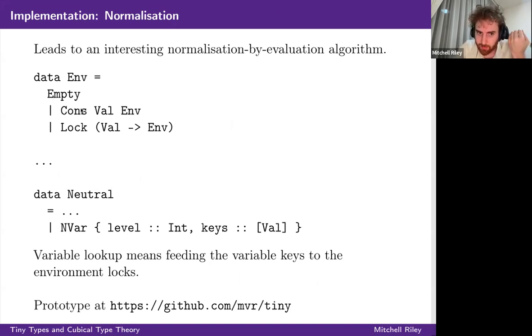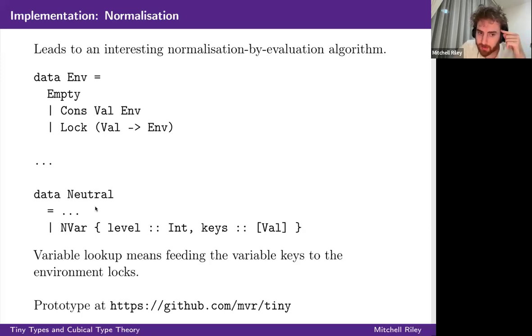But now our contexts have both variables and locks in them, and so we need a semantic version of the lock. What ends up actually working is, just as a context extension is pairing an environment with an additional value on the right, a semantic version of the lock is an actual function from a value of the tiny type into environments: what is the environment you get when you apply the function for that lock to some argument.